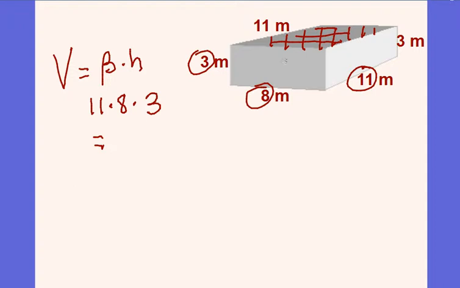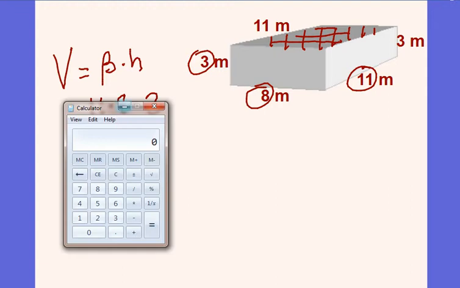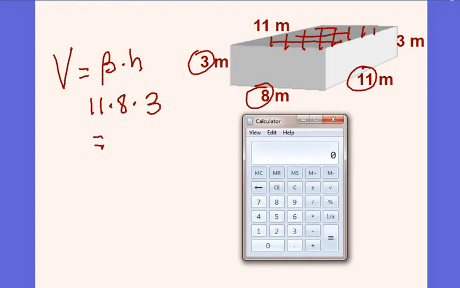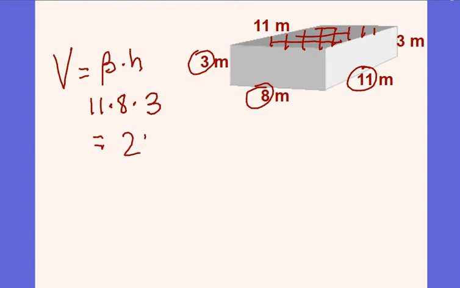Rectangular prisms are some of the easiest to find volume for, because that's all I'm doing is multiplying my 3 dimensions together. So in my calculator, I'm going to multiply those 3 numbers, 11 times 8 times 3, and I get 264 cubic meters.